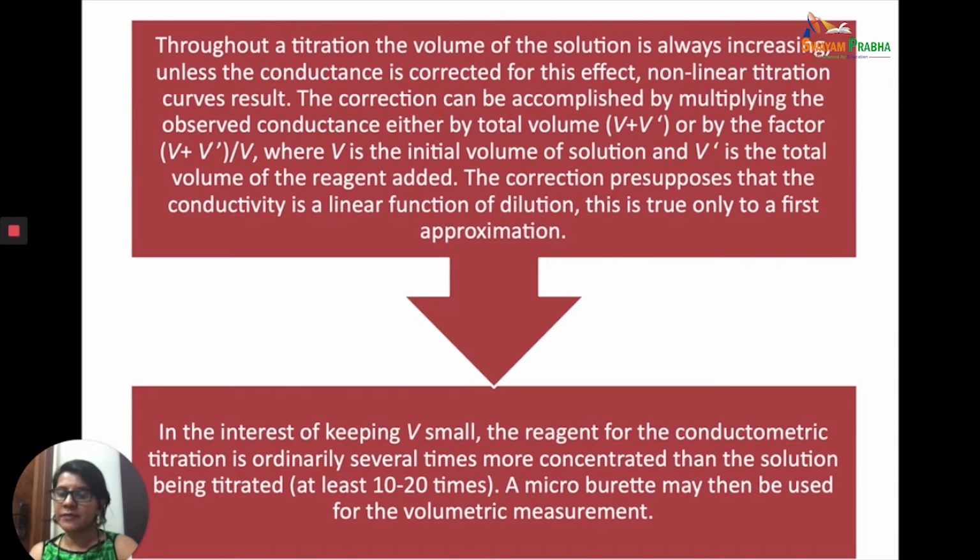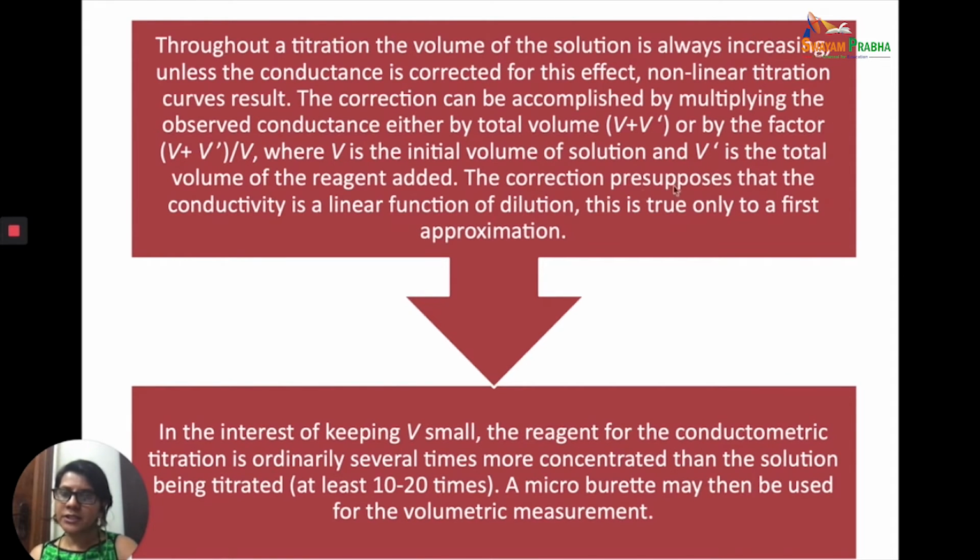Or you multiply with a factor of V plus V dash by V. I'm repeating here, V is the initial volume, which is 40 or 50 or whatever you've taken in the beaker, and V dash is the volume that you add at each point during the titration from the burette. When you apply this correction factor, the graph that you obtain will be acute, and the obtuse graph will not be obtained.